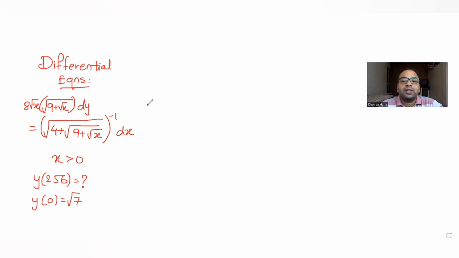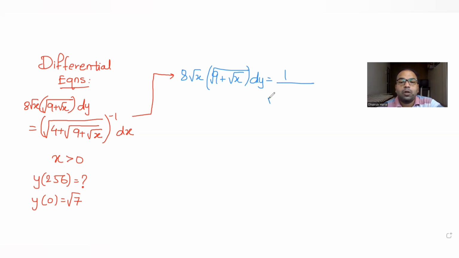Let's understand first of all how to solve this type of question. First thing, if I try to solve this differential equation: 8√x times √(9+√x) dy is equal to 1 upon √(4+√(9+√x)) dx.